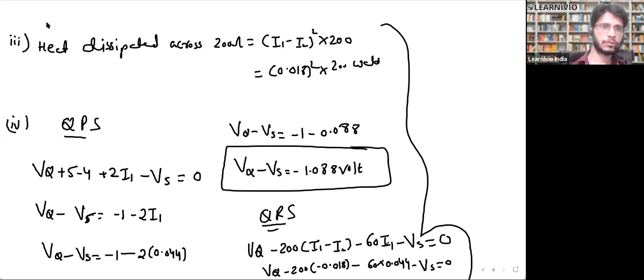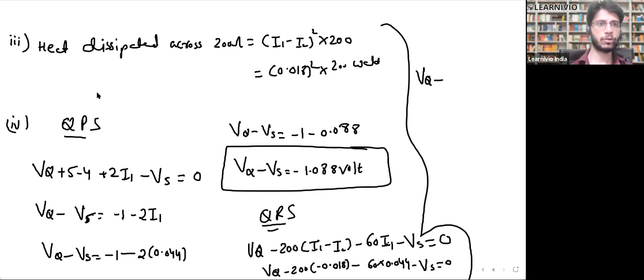You're doing it in the right direction. Now, VQ minus Vs. So it's minus 1 minus 2I1. Minus 1 minus 2. So it's minus 0.088 minus 1. Okay, let's try it now. So that's VQ minus 200 into 0.018.